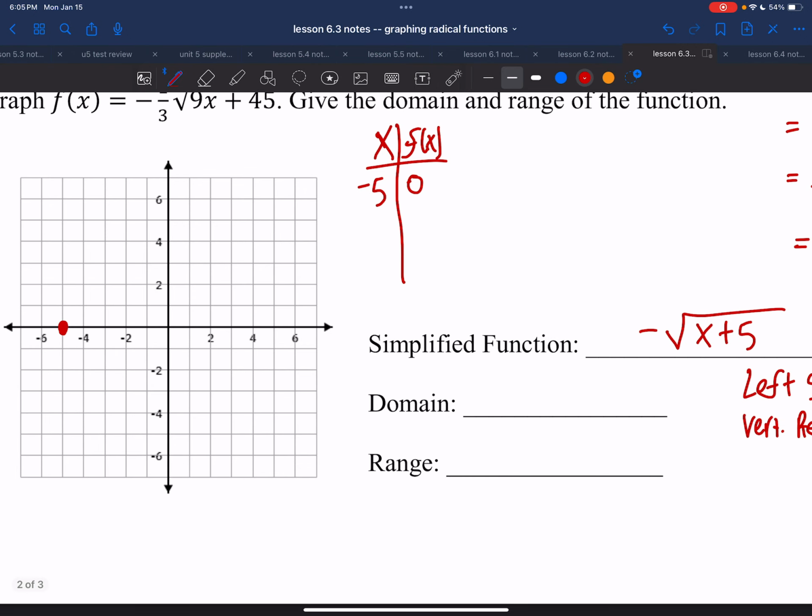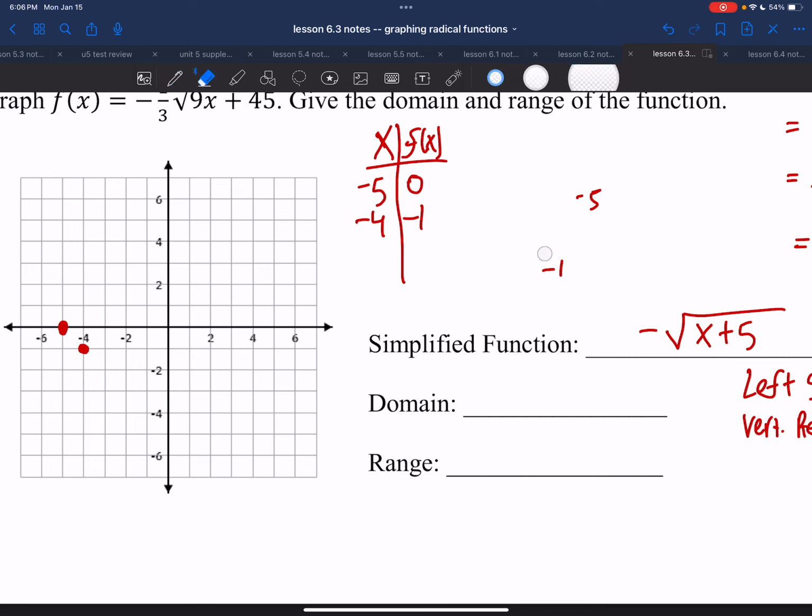If you plug in negative 4, you see negative 4 plus 5, that's 1. And the square root of 1 is 1, so the negative square root of 1 is negative 1. So I plug in negative 4, I get negative 1. Negative 4, negative 1. Beautiful.